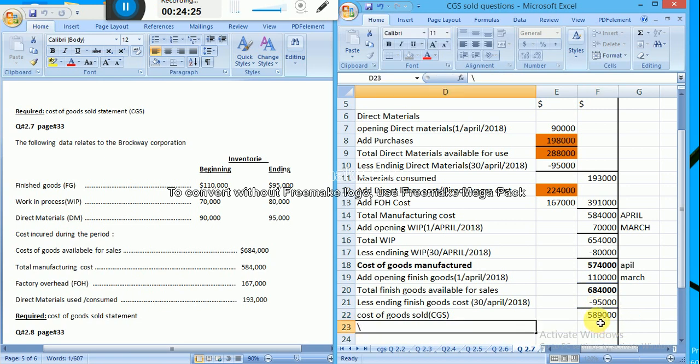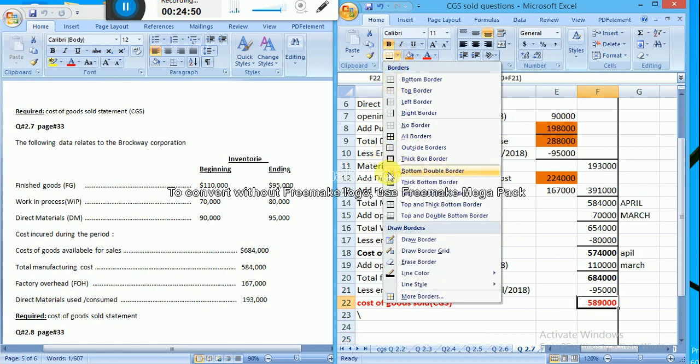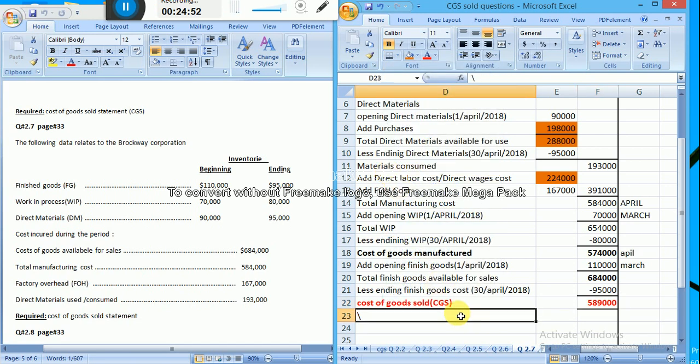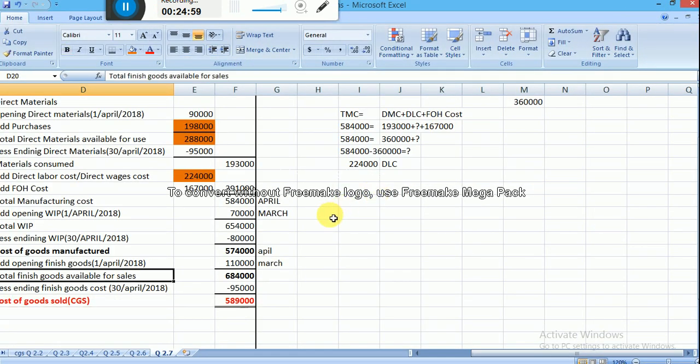So the 5,89,000 we find as the cost of the goods sold. It means that in the month of April, the goods we sold, their cost is how much? 5,89,000.